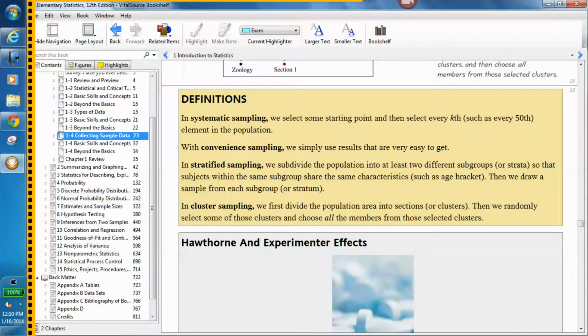Well, that would be stratified sampling, where I put you in groups, and then each group has the same chance of being drawn. In cluster sampling, we first divide the population area into sections or clusters. Then we randomly select some of those clusters and choose all the members from those selected clusters.